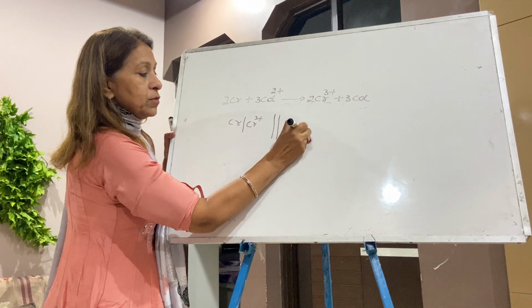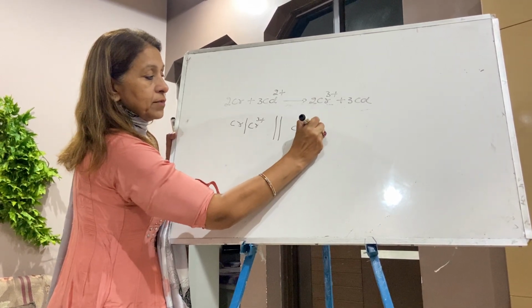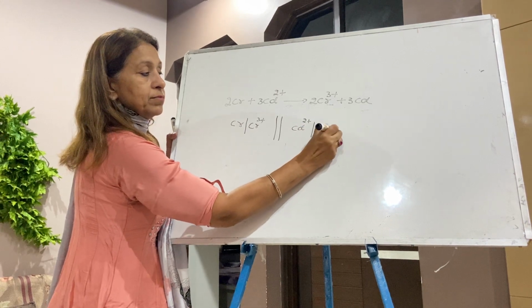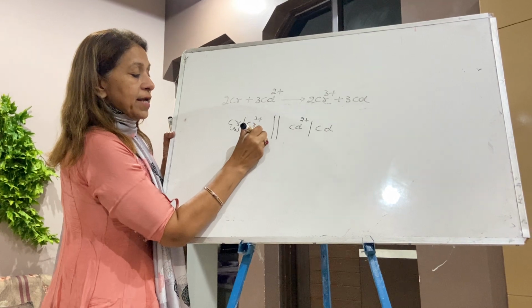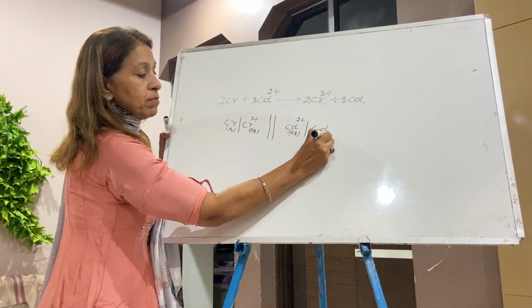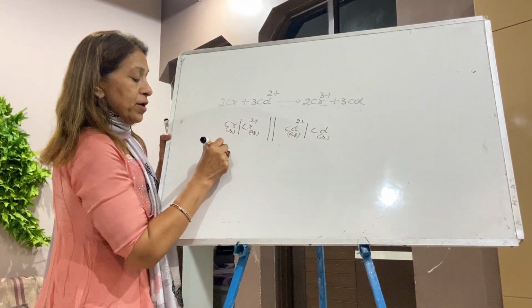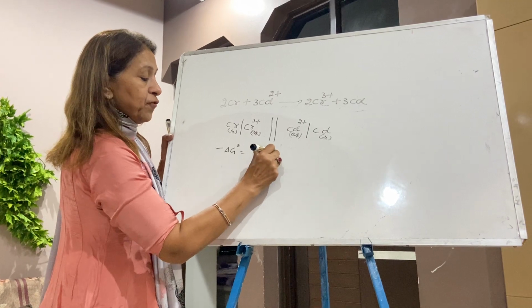It's Cd2+ | Cd, with a single line. Make chromium solid, Cr3+ aqueous, Cd2+ aqueous and cadmium solid. Now calculate minus delta G naught is equal to nFE naught.